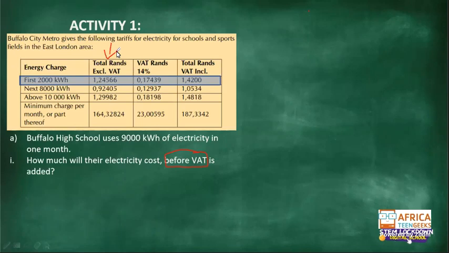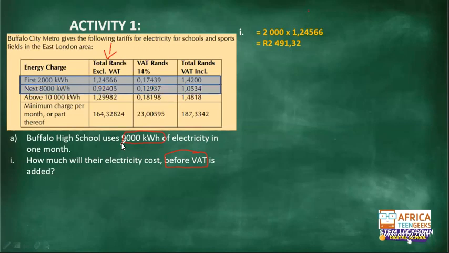Okay, so we leave it like that. So yes, we will have 2,000 units times 1.24566 rand per unit, and then it gives us a total of 2,491 rand and 32 cents. Okay, but we know they are using 9,000 kilowatt hours.